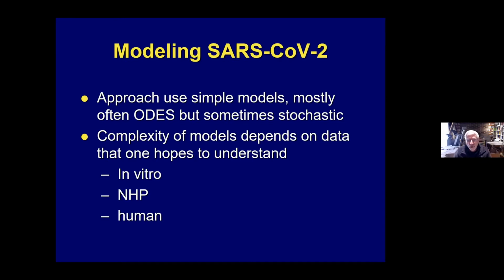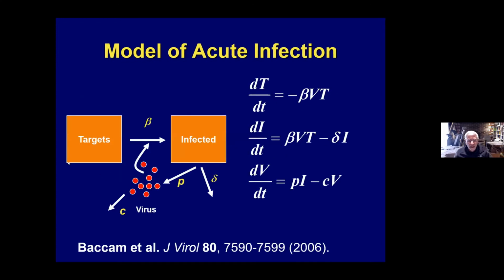The exact form of the model depends on the data that we hope to understand. We just started a collaboration looking at in vitro experiments, testing combination drug therapy. There are nonlinear models that have been very important, especially in the HIV work, but it's all used now in SARS, and mostly human data.